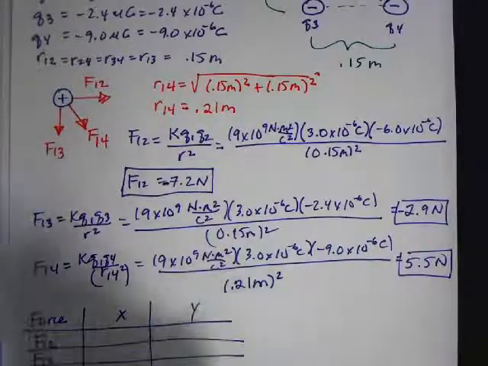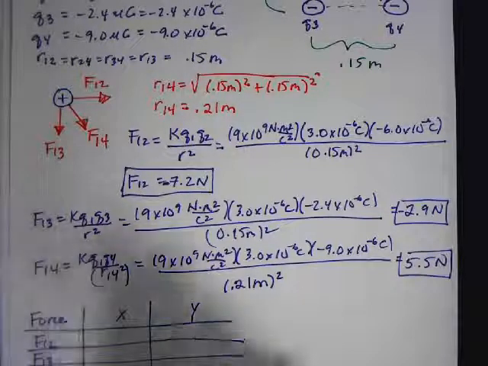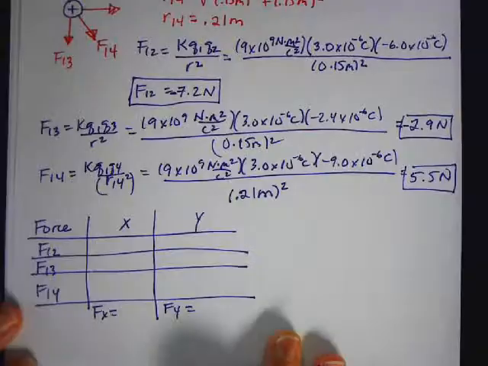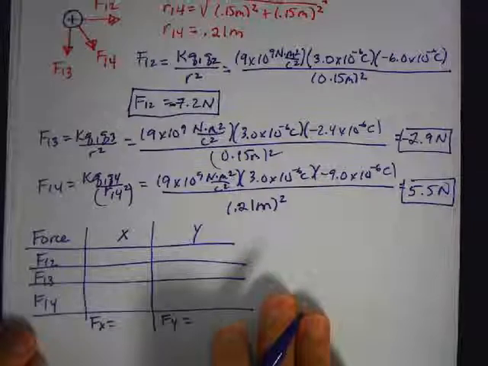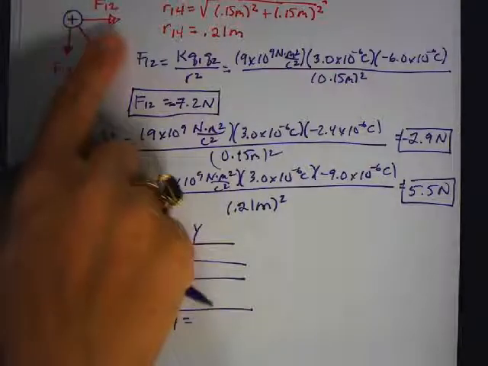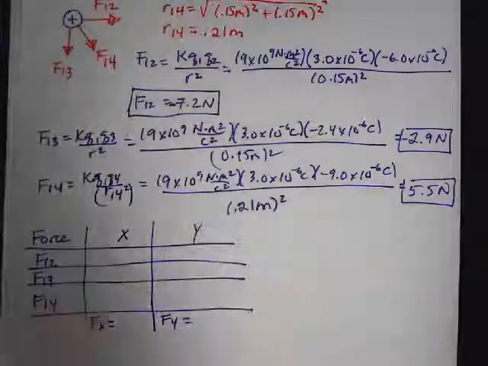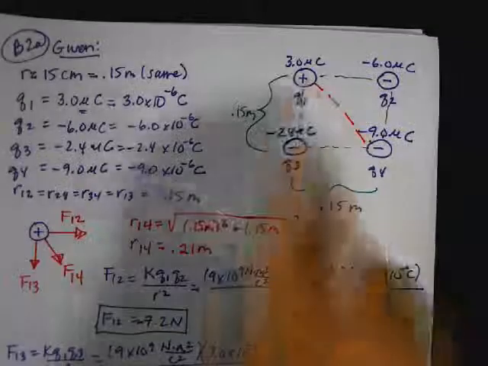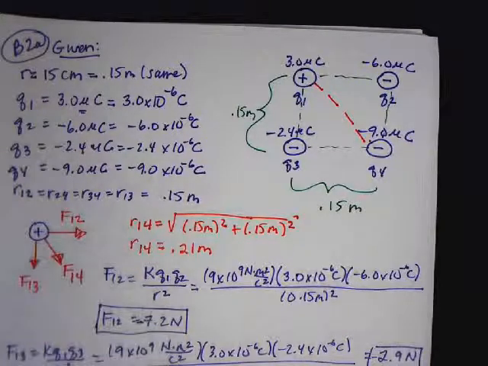And then I'm going to have Fx and Fy, and once I find the total of Fx and Fy, then I can do my resultant. So if I look here, F12 is going to the right. It's all horizontal. It has no vertical component. Does everyone see that this force is only horizontal? So F12 goes to the right, it's only horizontal.